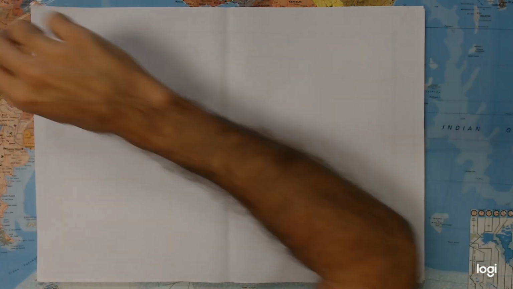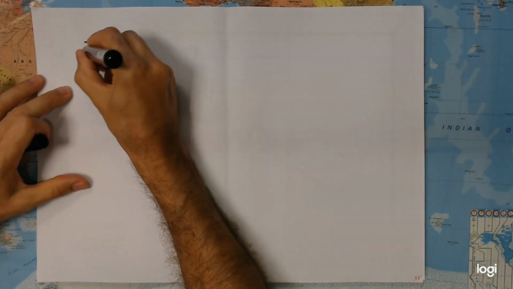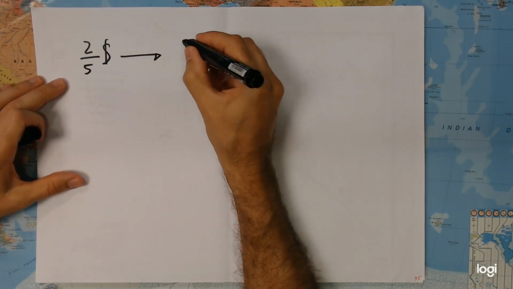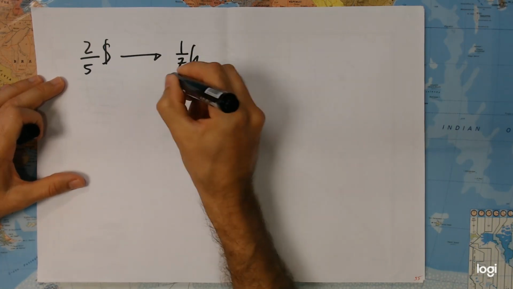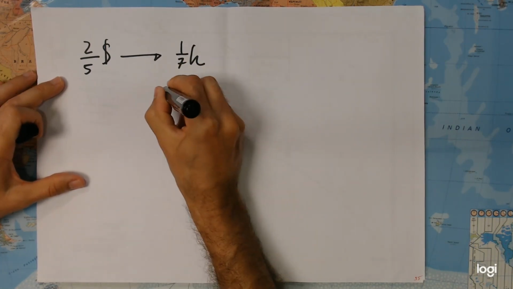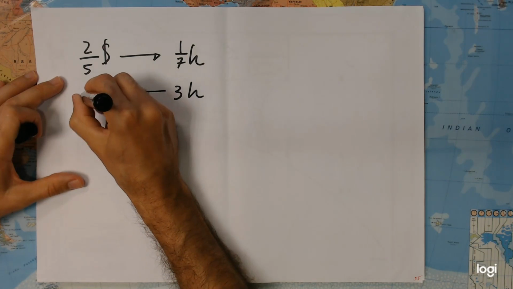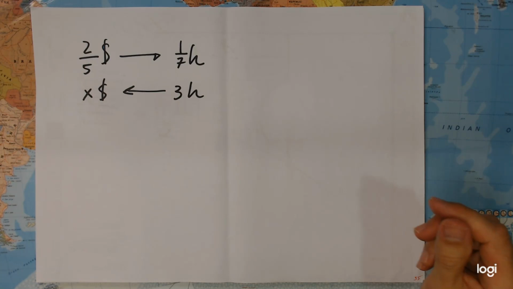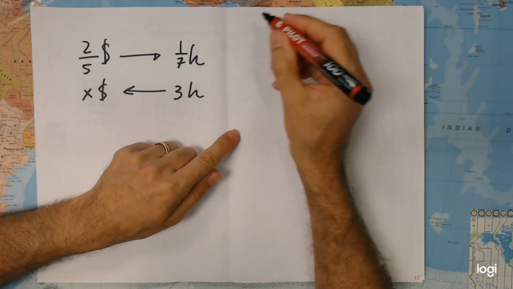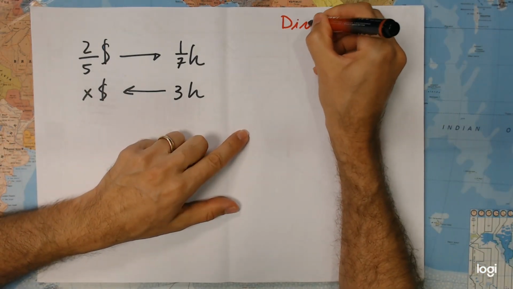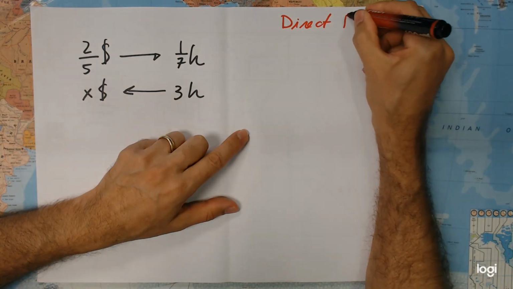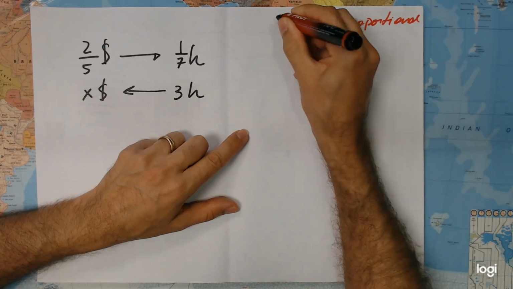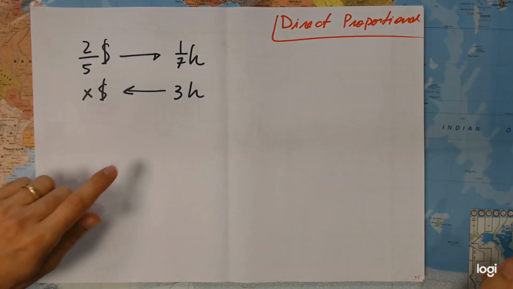Well, let's just copy our problem here. 2/5 of a dollar goes to 1/7 of an hour, and 3 hours equals something money. Now let's work with ratios. We have seen that this is a direct proportional type of problem. Good.